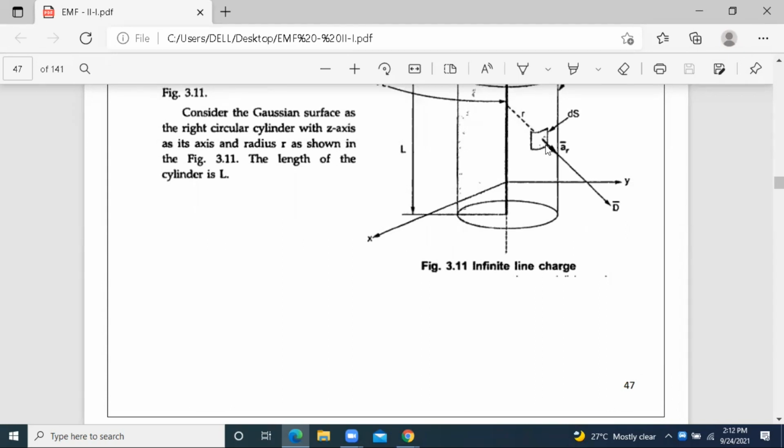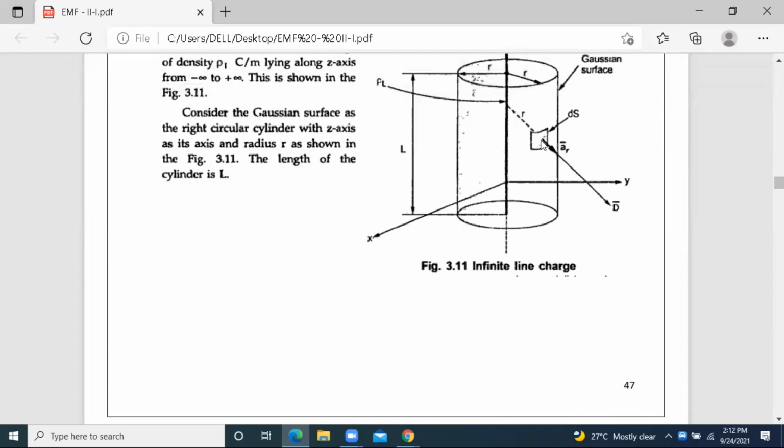The a_r is the direction that is normal to the surface. So dS a_r, right? And dS is the differential angle dφ times dz.